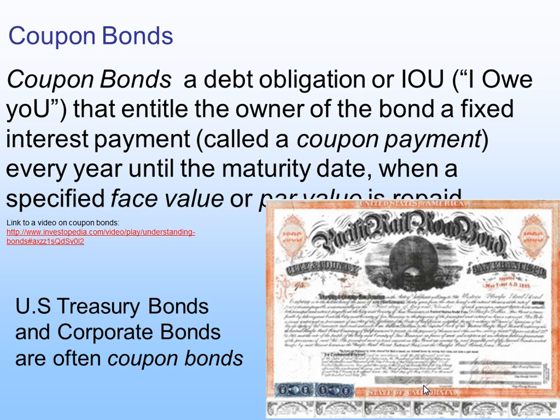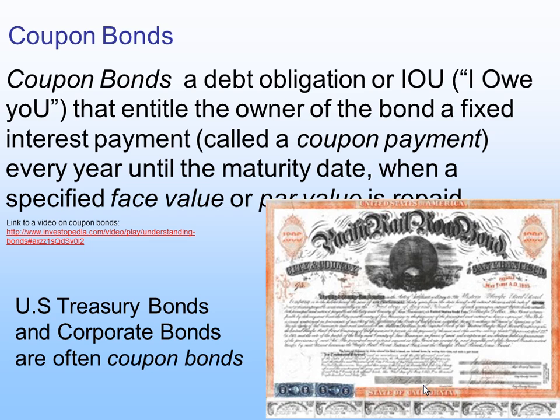That's how they came to be called coupon bonds. And usually it's every year. You get that every year until the maturity date. Then on maturity date, you also get some specified face value or par value that's repaid.